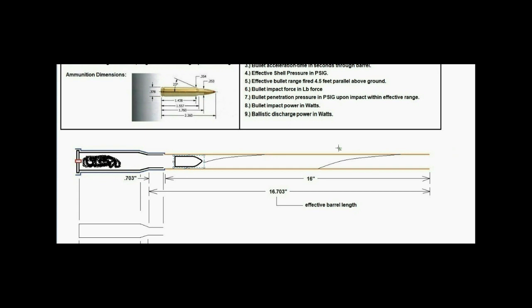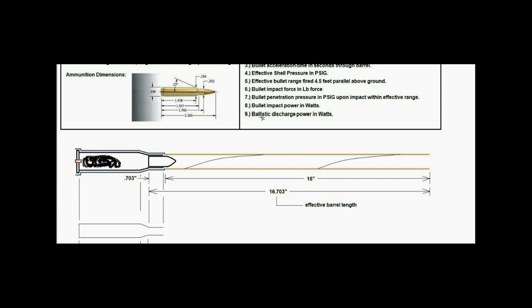So this particular shape bullet will have an aerodynamic drag coefficient equal to 0.295. Now, if this was a ball bearing, the aerodynamic drag coefficient would be approximately 0.5.